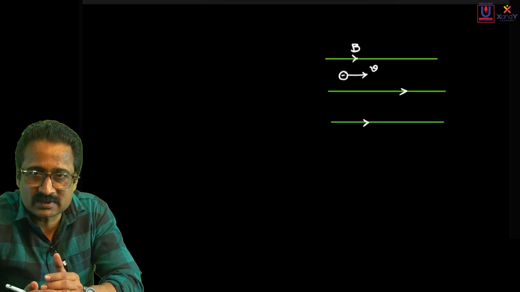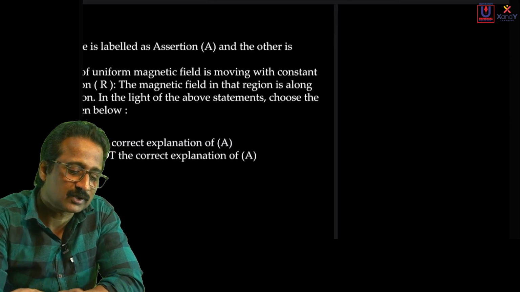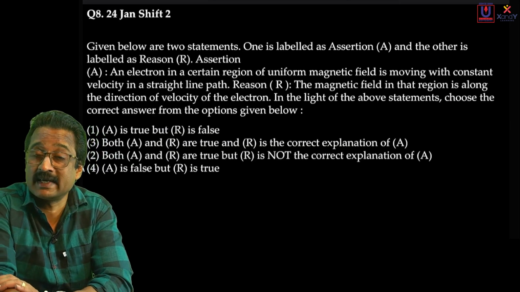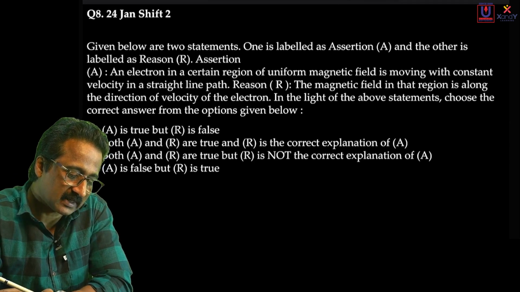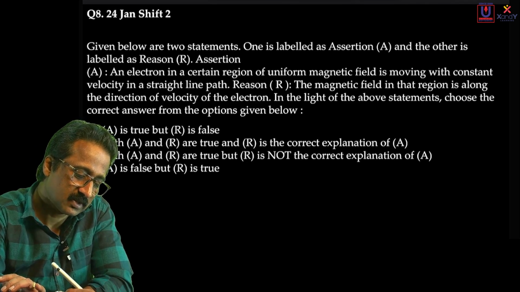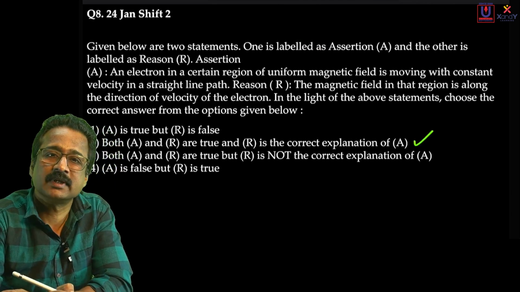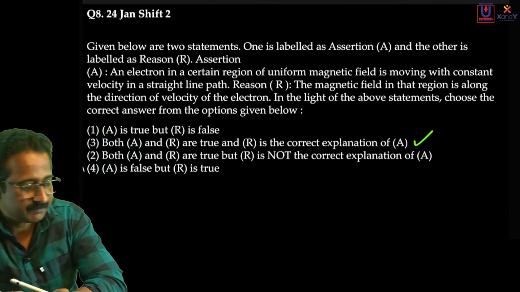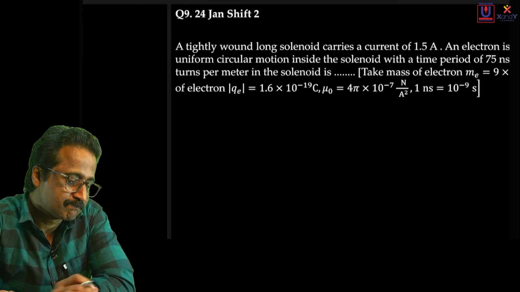So statement A is correct, statement R is correct, and R is a good explanation for A as well. So you can go with which one? Both A and R are true, and R is a correct explanation for A also. Let's go with the option. Yes, I think it is 3. So 3 is the option. Okay, moving on to the next one.